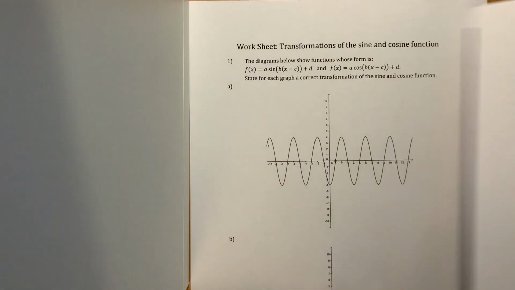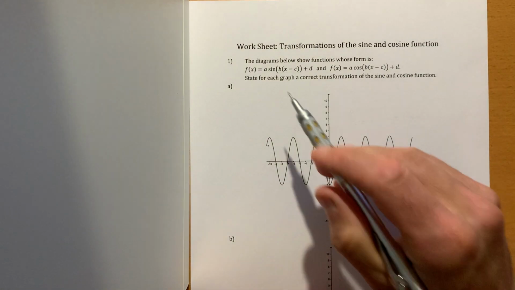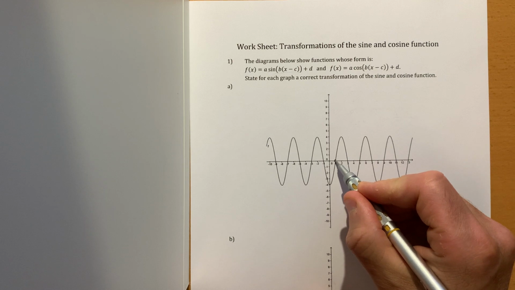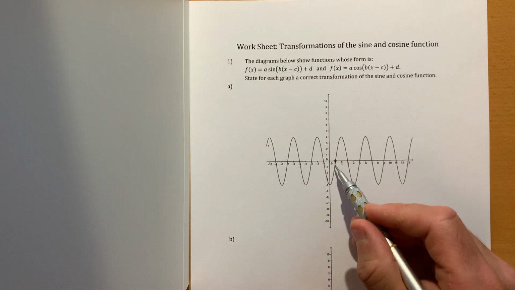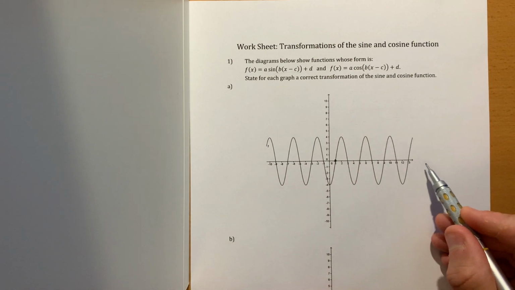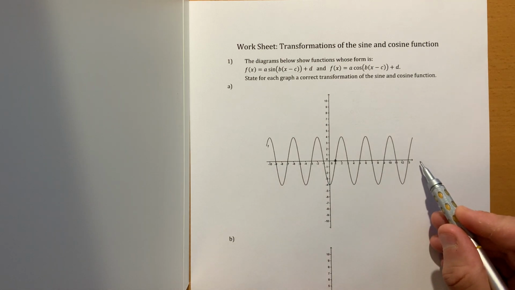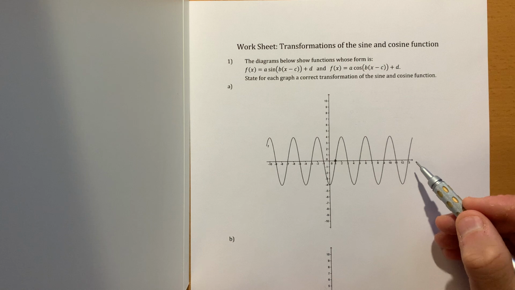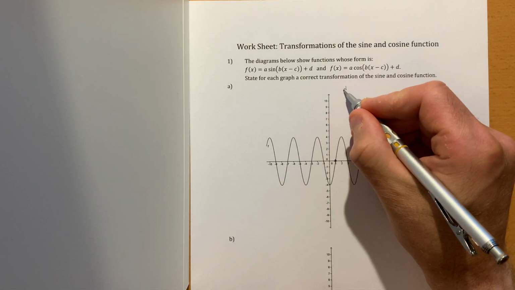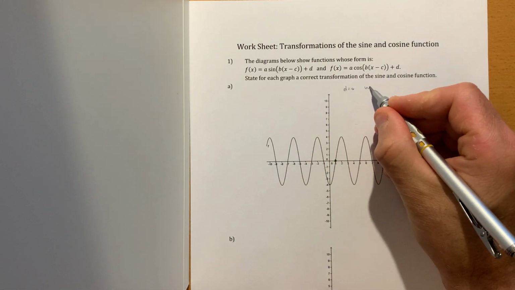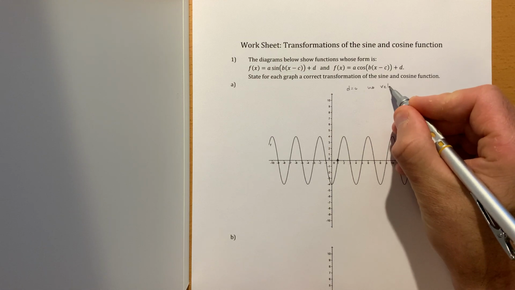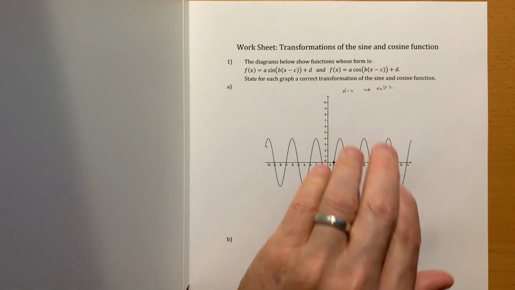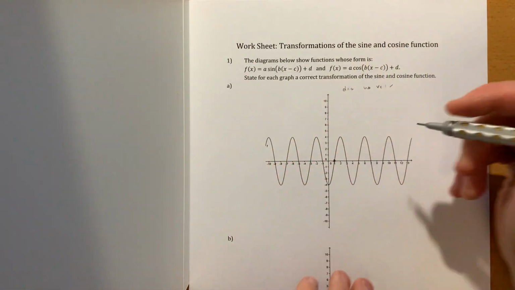Okay. So if you want to start with sine here, you look at a starting point here. Look, the middle line is exactly the x-axis here. So it has not undergone a vertical shift. So d is 0, no vertical shift.